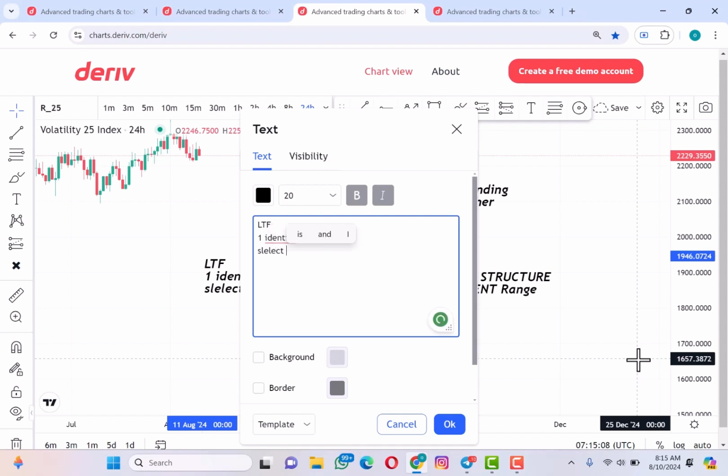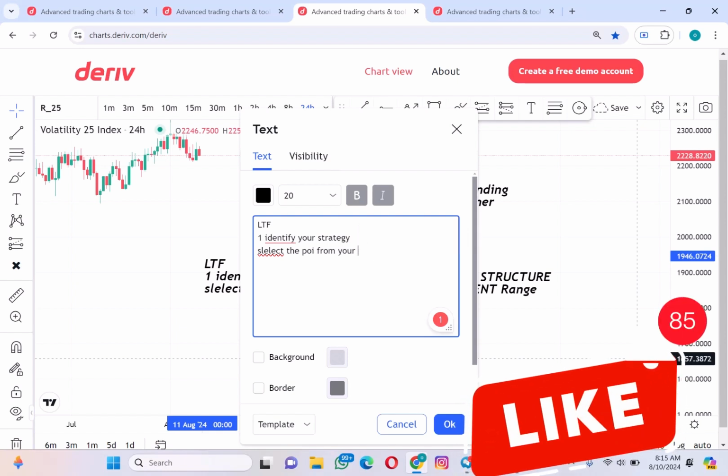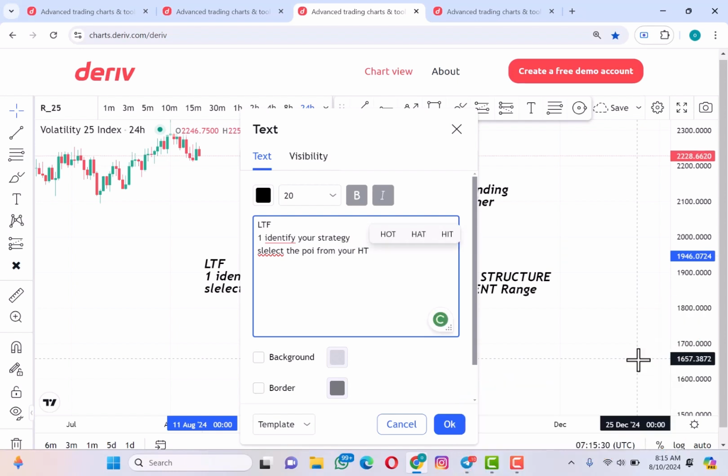Number two, select the POI from your higher time frame POI.